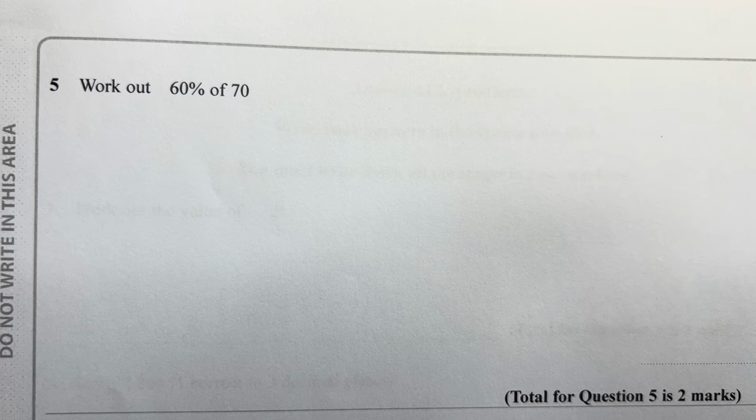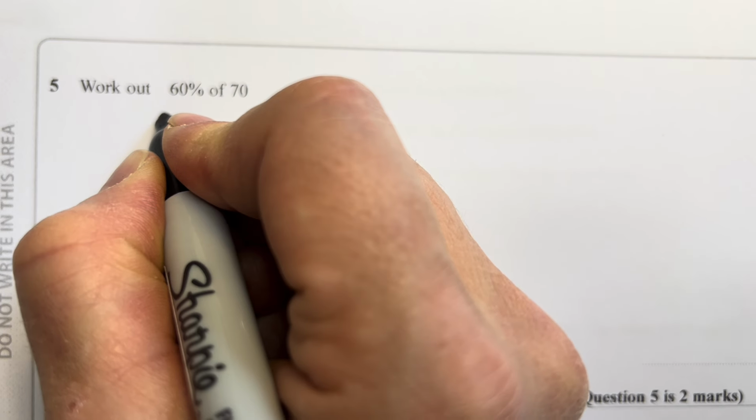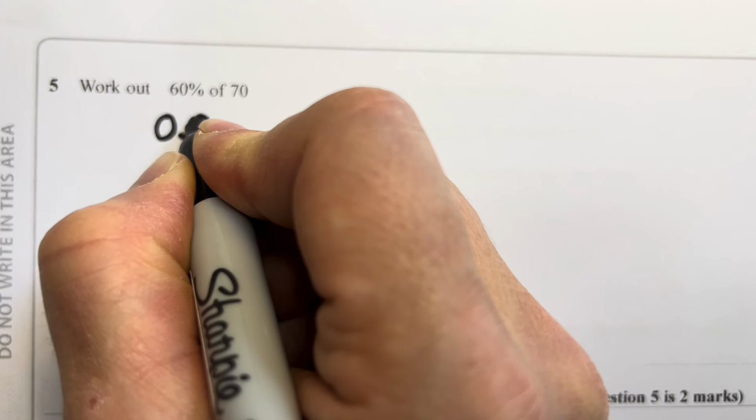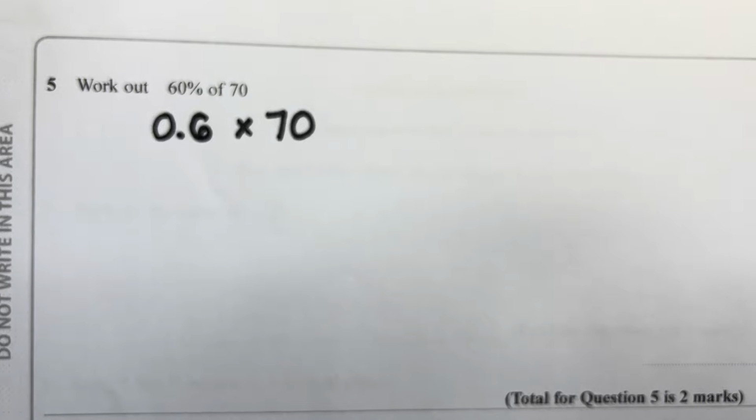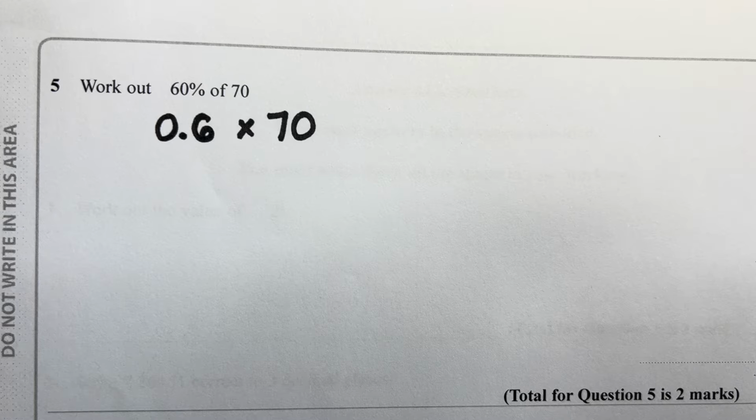This is a non-calculator paper, so the method you use you must be able to do without the calculator. Some of you may choose to work it out by doing 0.6 times 70. Others may prefer to use the building block approach.